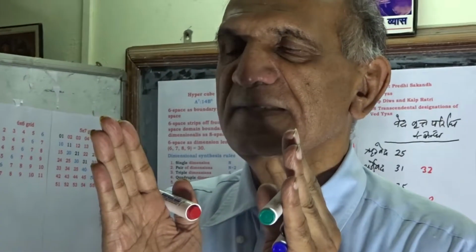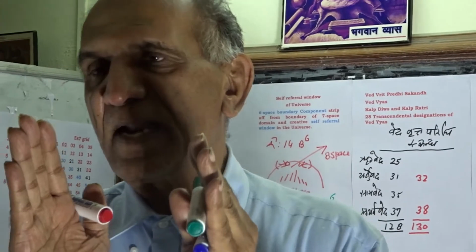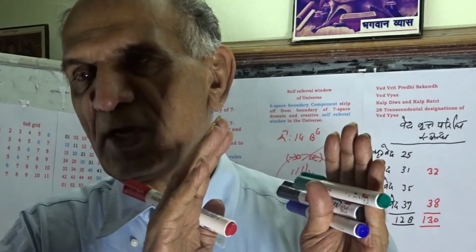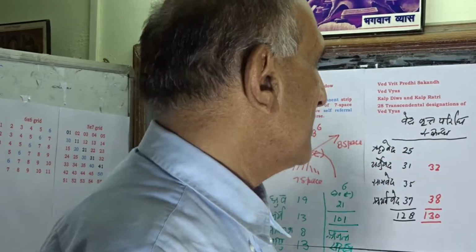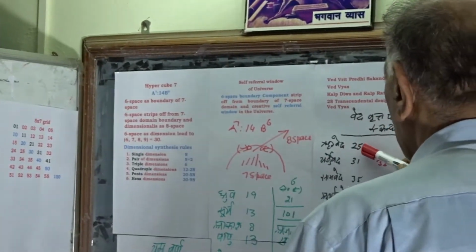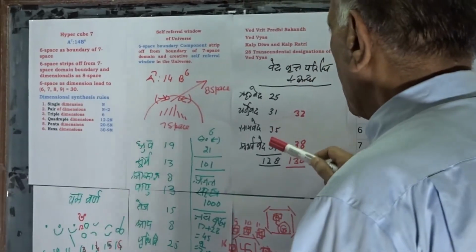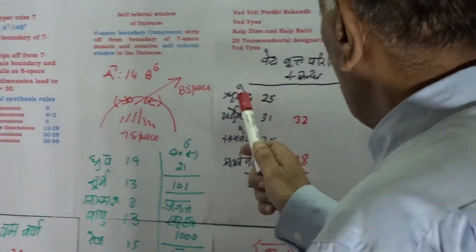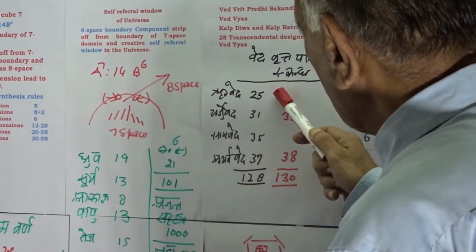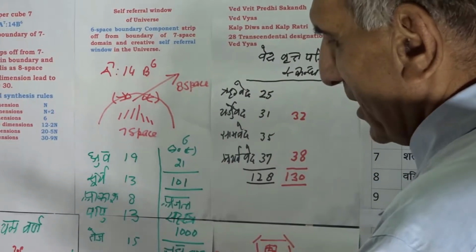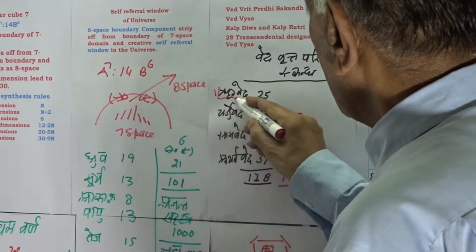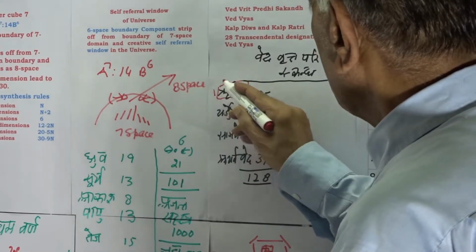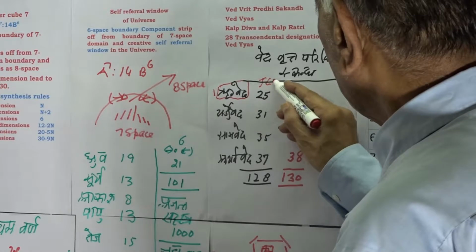Maharishi Vedvyas has organized Vedic knowledge as 4 Vedas. These 4 Vedas are Rig Veda, Yajurveda, Samveda and Atharveda. Rig Veda, the first formulation, is leading us to TCV value 25.